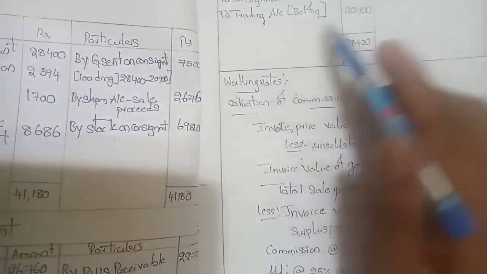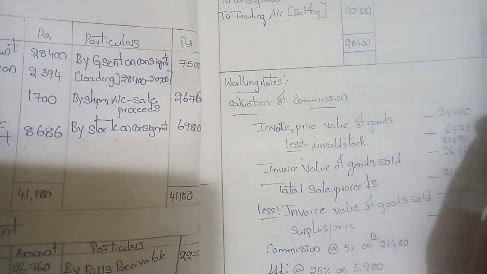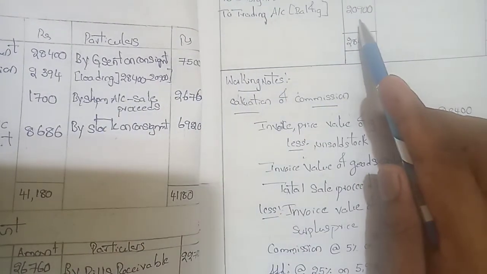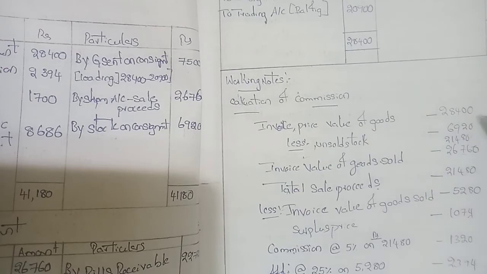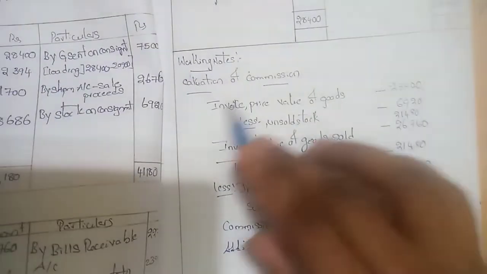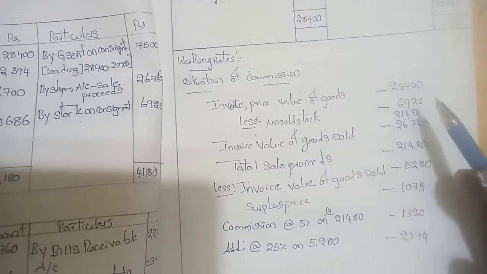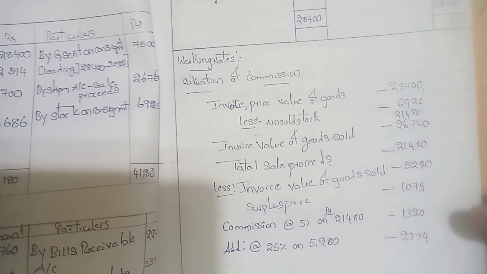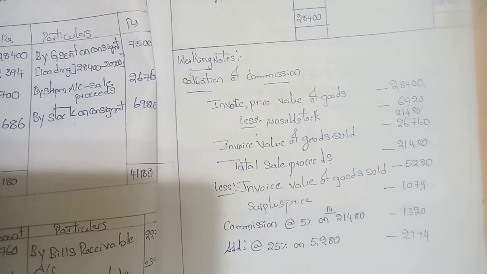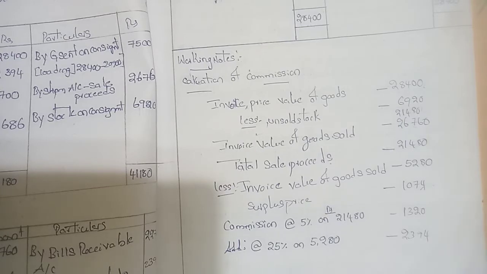So next, goods sent on consignment account. So goods sent on consignment, 7,500 goods sent on consignment, by consignment 28,400. 20,900. So see the invoice value of goods. So the working notes here, calculation of commission. So invoice price total 28,200. 28,400. 26,720 plus 6,920.